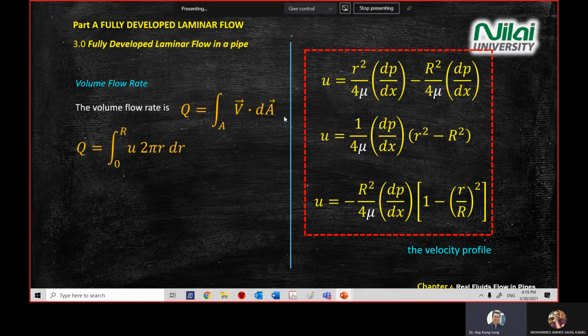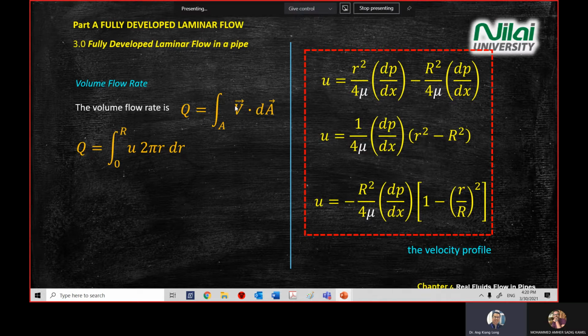Integrating over the area dA is a bit difficult, so normally we use the radius, the distance from the center, from 0 to R. Capital R means the outer radius. So from the center to the outer radius, we change the area dA to 2 pi r dr, integrated from 0 to the outer radius R.